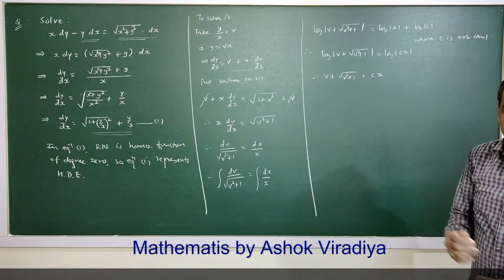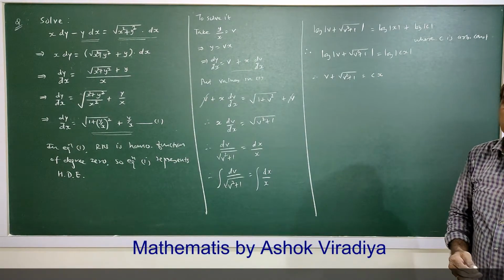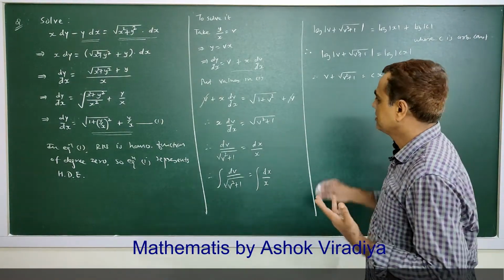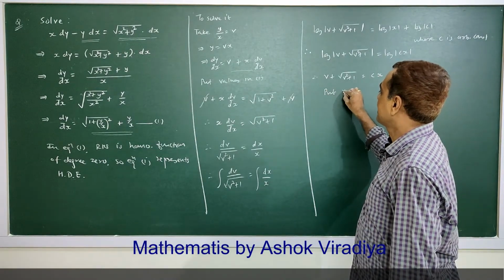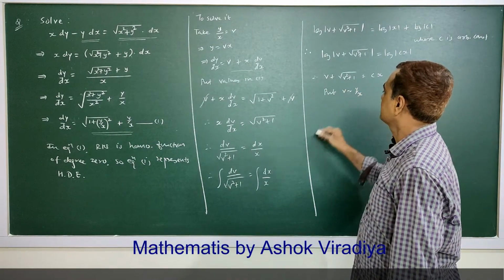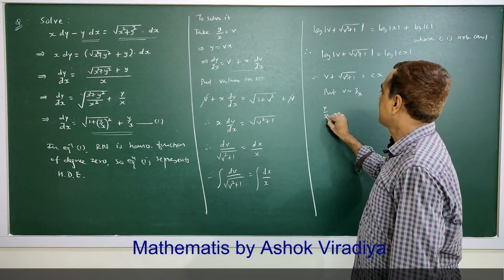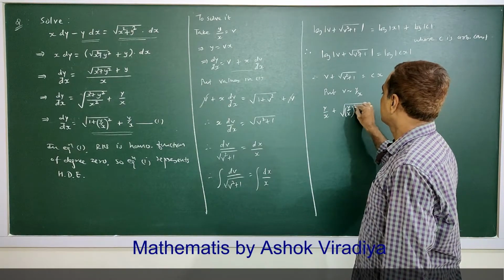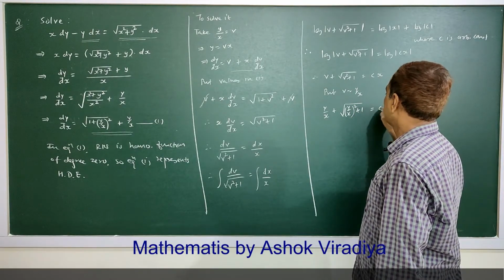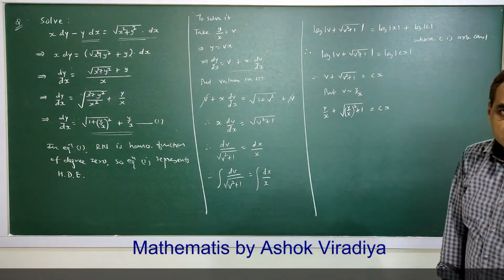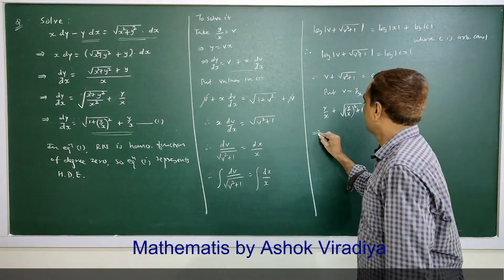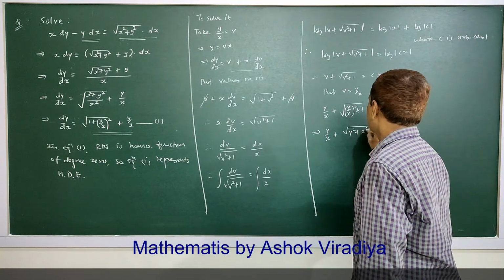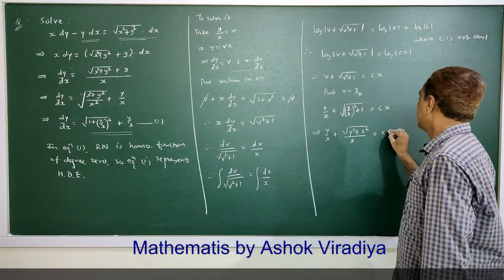This is simple form. Now coming back to y by x, so replacing v by y by x, so putting v equal to y by x, so y by x plus square root of y by x whole square plus 1 equal to c into x. So simplifying this, y by x plus root y square plus x square upon x is cx.